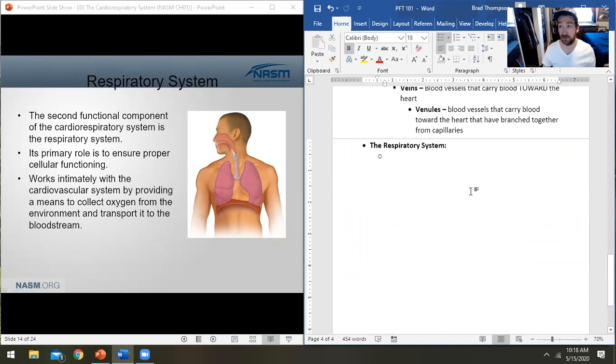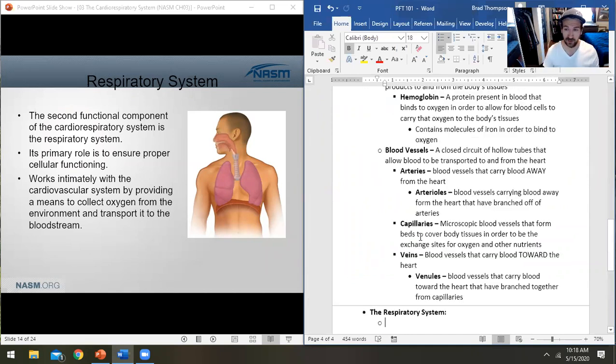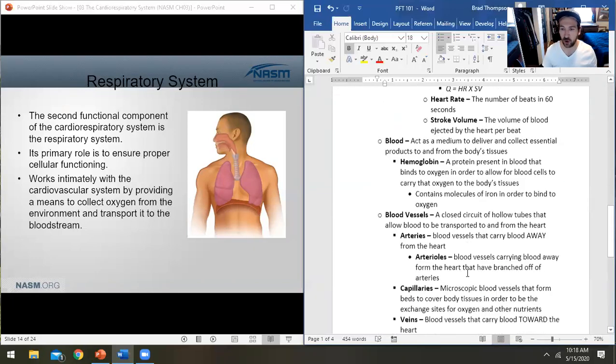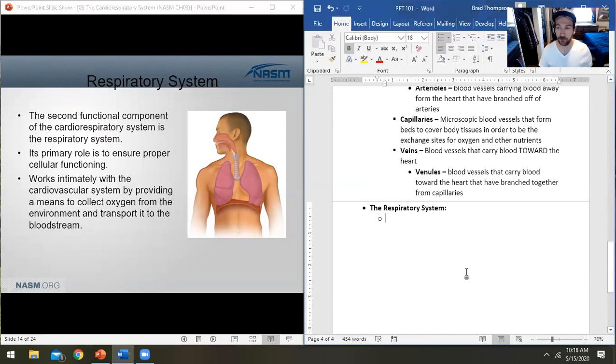It has to provide this big environment for all of that blood to pick up a whole bunch of oxygen molecules. So its primary role, and this always sounds a little surprising, is to allow for proper cellular functioning.